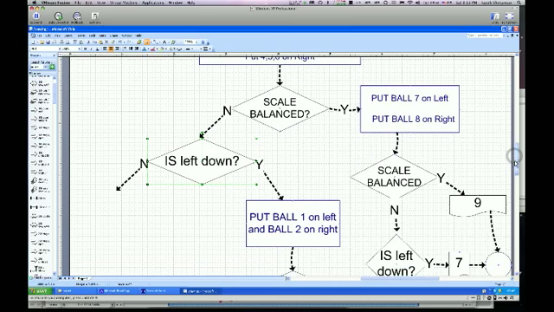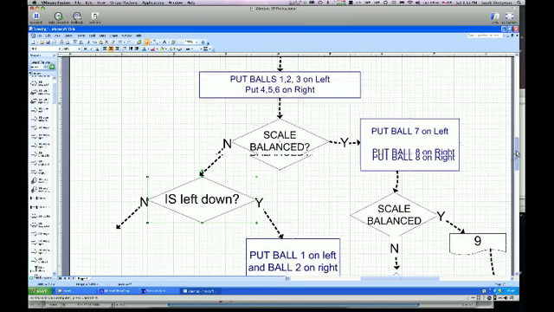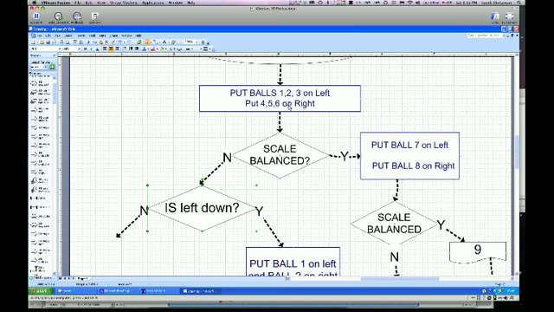So now I want you to proceed from this branch and fill out the same kind of idea that I did here and here, but now you'll have the balls that are not 1, 2, 3, not 7, 8, 9, but you have the 4, 5, 6, because those were on the right, and if we got here, that means the heavier ball is 1 out of 4, 5, or 6.